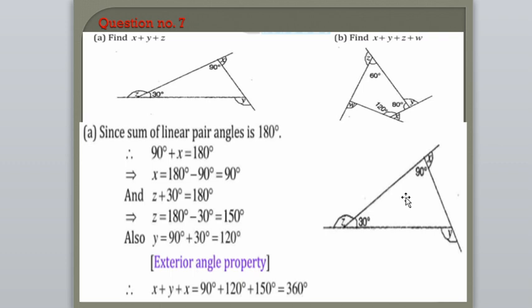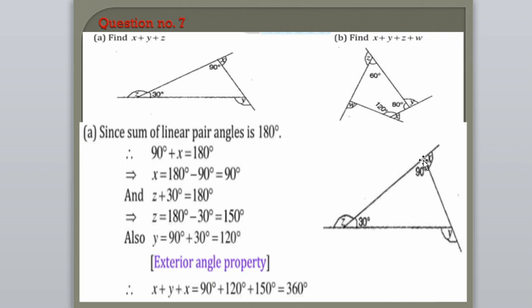Now, since the sum of linear pair angles is 180 degrees, we know that the sum of a linear pair is 180 degrees. So here it is given 90 degrees. Then according to this linear pair we can take out angle x, because 90 degrees and angle x are in a linear pair.